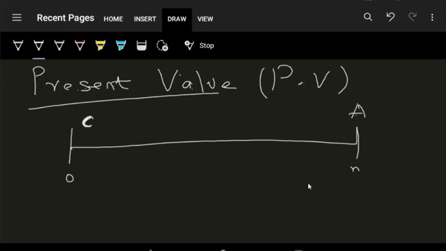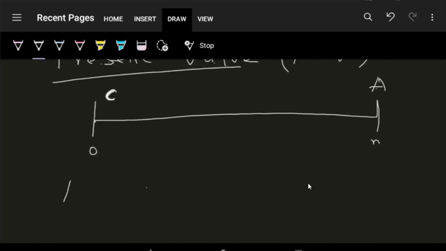If A is your accumulated amount, and you want the present value of this A at time 0, you need to multiply it with the discounting factor of 0 to n, that is A into v to the power n.